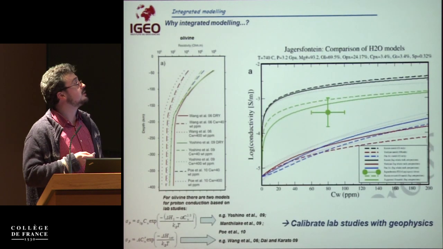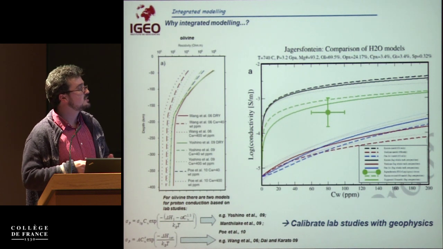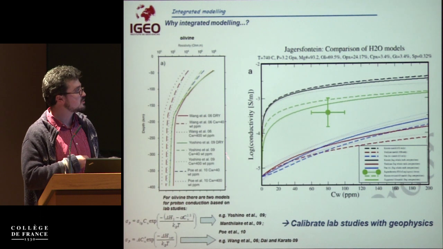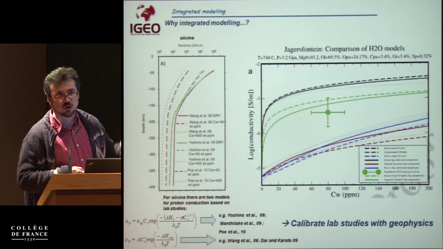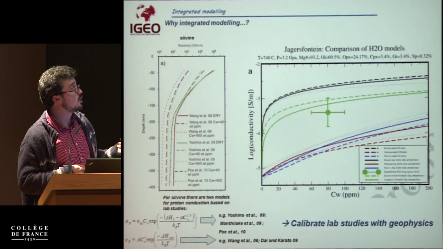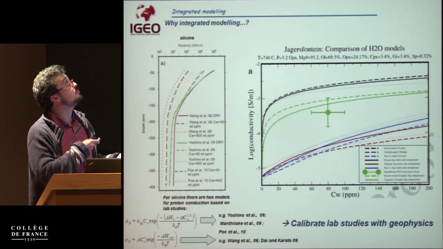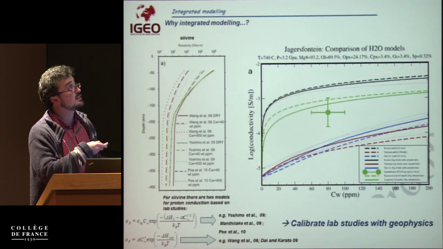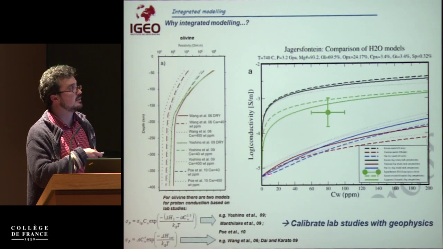Sometimes the other way around, there is a controversy about the importance and parameterization of the proton conduction term in olivine, that is a term related to the electrical conductivity due to the presence of water in olivine. And this has a huge impact of several orders of magnitude. You can see the difference between the laboratory groups from the black line values here and the red and blue lines.